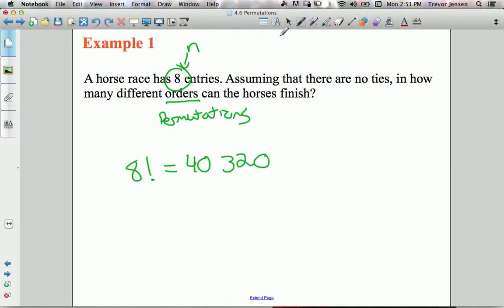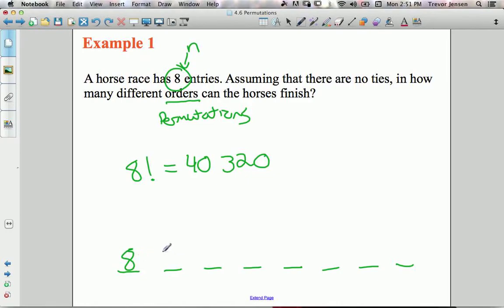Why does 8 factorial work? Let me try and show you one more time. If we want to figure out the number of possible outcomes in a sequence of events, you have to figure out the product of the number of outcomes in each step. In the horse race, one horse is going to finish first, second, third, fourth, fifth, sixth, seventh, and eighth. How many possible horses could finish first? There are 8 horses, and any one of the 8 could finish first.